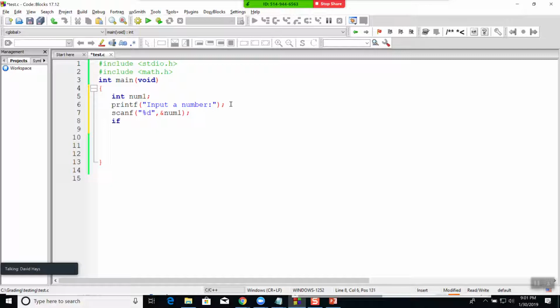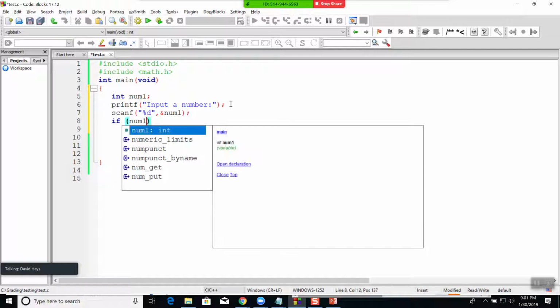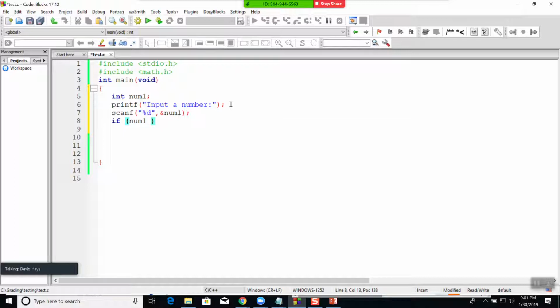Here you can do a check if num1 is less than -2 or num1 is greater than 5. Printf, the number was either less than -2 or greater than 5.